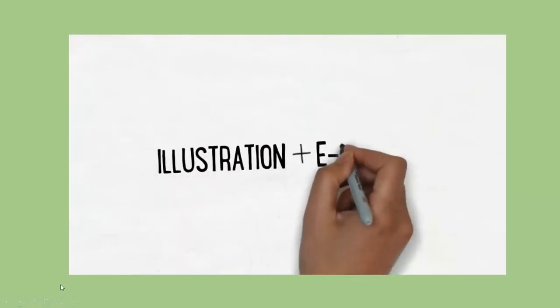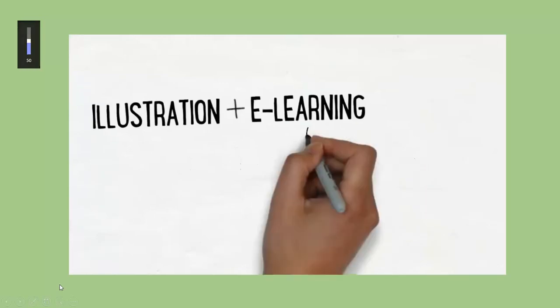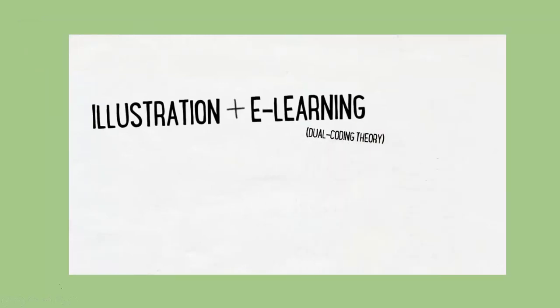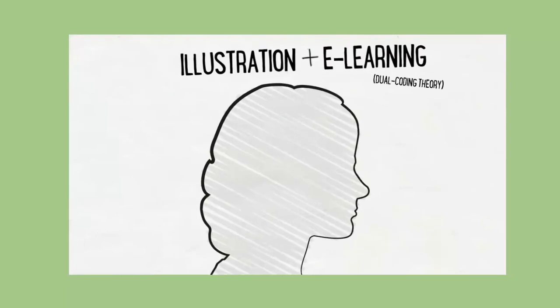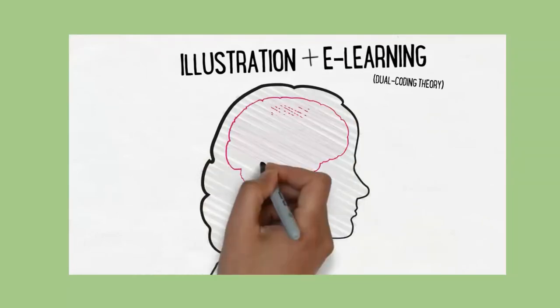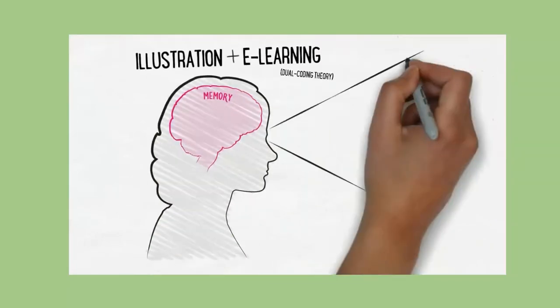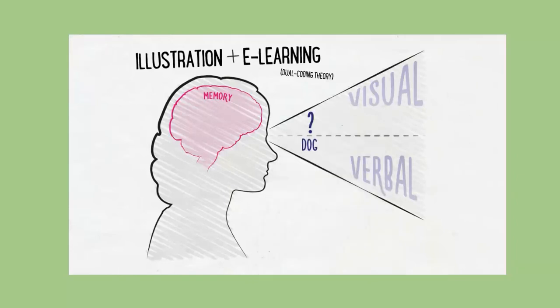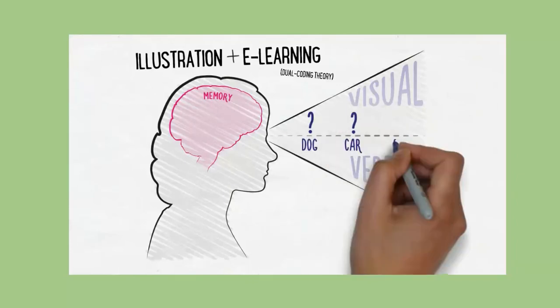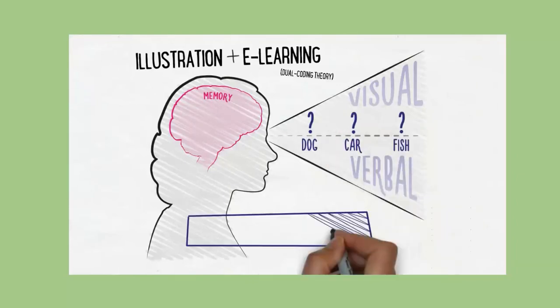Illustration and e-learning, dual coding theory. Dual coding theory is based on the idea that two pieces of information are better than one when it comes to learning. To put this into practice, we need a verbal code and a visual code. Firstly, we'll show our learner the words dog, car, and fish.